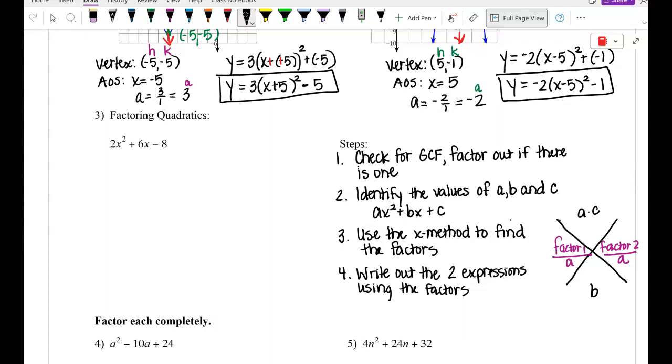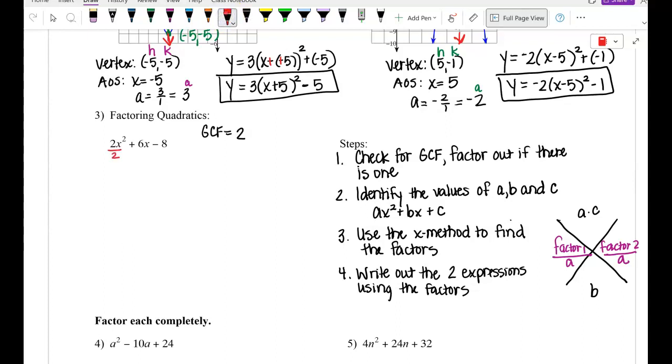All right, so we're going to look at the example 2x squared plus 6x minus 8. So again, our first step, we've got to check for a GCF. Is there anything that I can divide out of each of those terms? The same thing out of each of those terms? I can divide a 2 out of all those. So I have a GCF of 2.